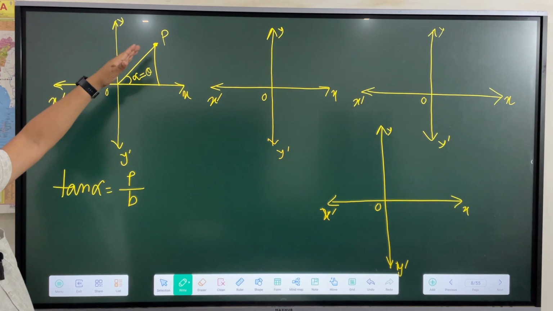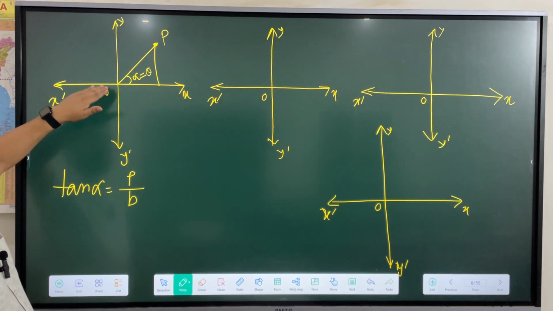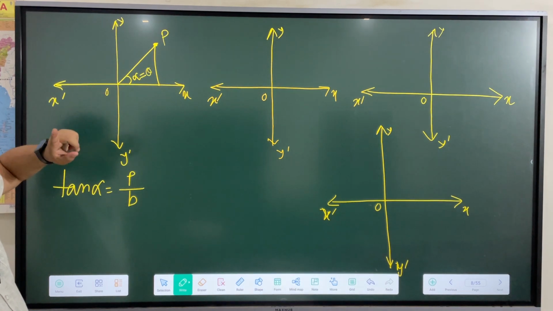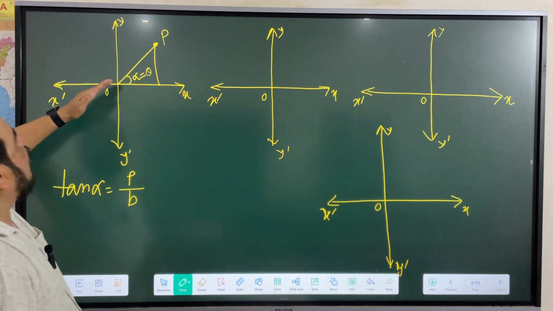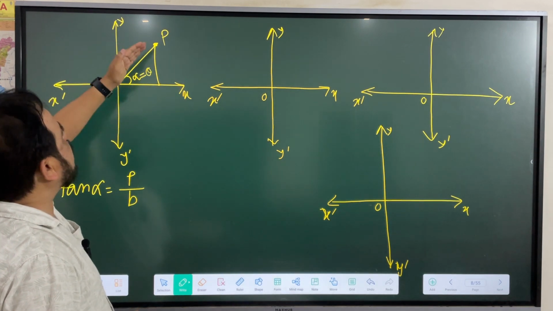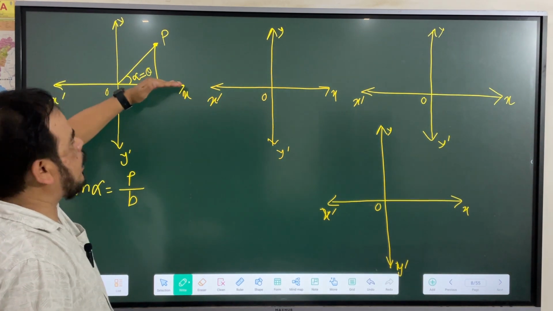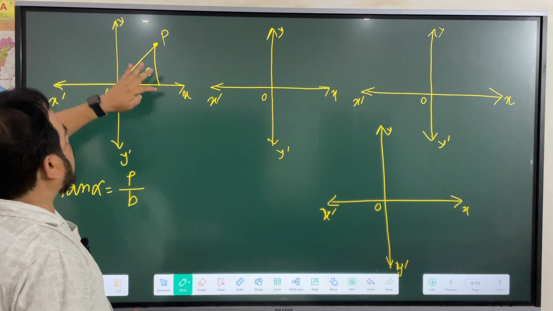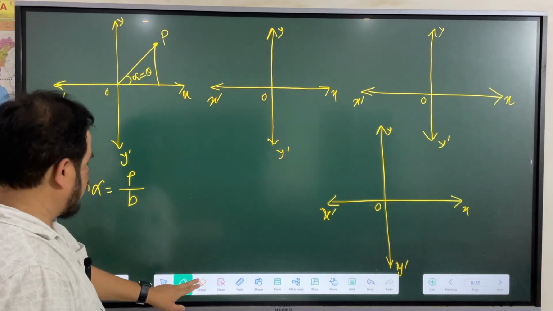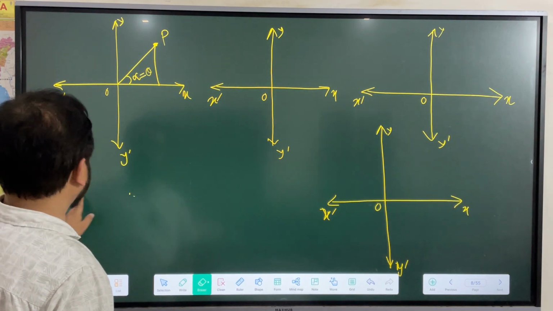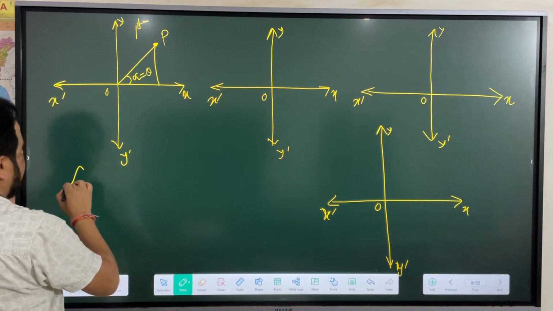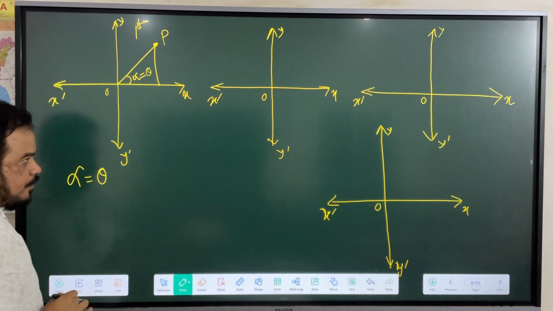For OP, angle is alpha. For the right angle triangle, angle is theta. Try to understand what I am saying. For the line segment OP, angle is alpha because OP forms an angle alpha with OX. And for the right angle triangle, this is theta. But alpha and theta both are same. So in the first quadrant, alpha and theta are equal.